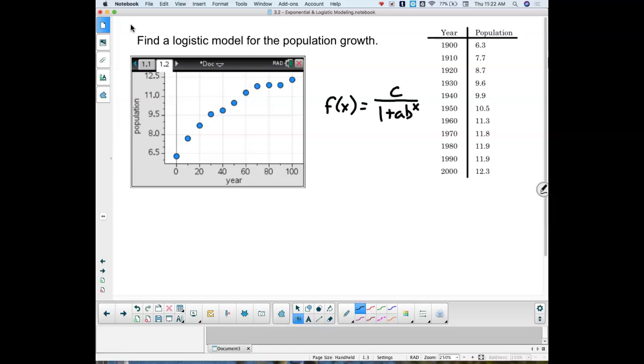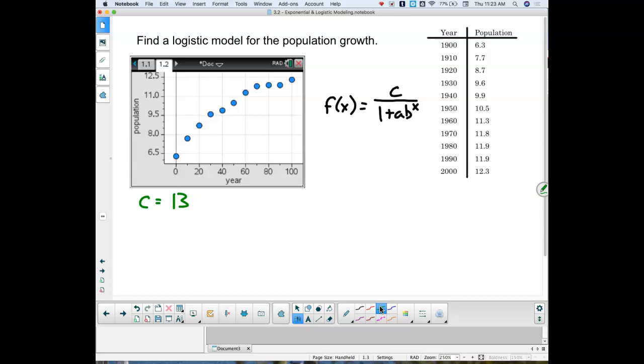It's got to be above 12.3, but not too far away, because as you can see here, it's growing and then slowing down a little bit. So I would say 13, in that 12.5 to 13 range. So my C, my limit to growth, let's go with 13.